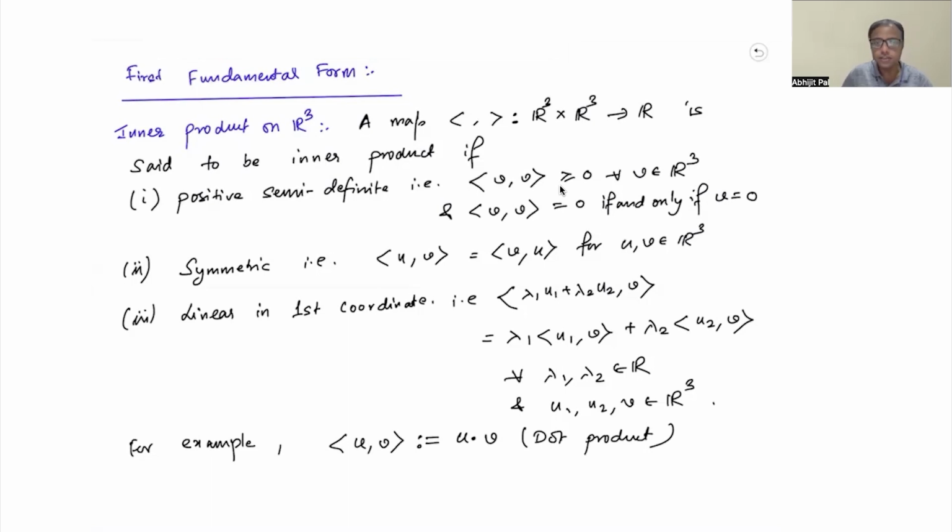So in this lecture, we'll be dealing with this inner product on R3, the dot product. There are other ways to define an inner product on R3, but I'm not going into that. Okay, so now I'll be defining the first fundamental form.